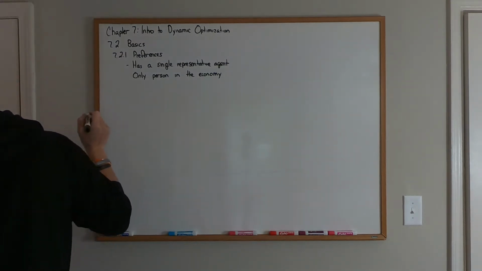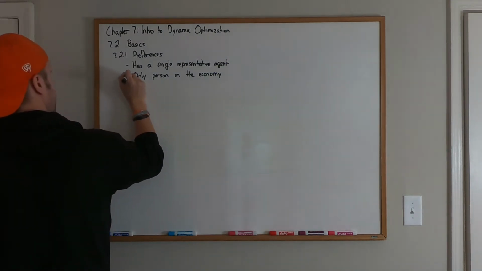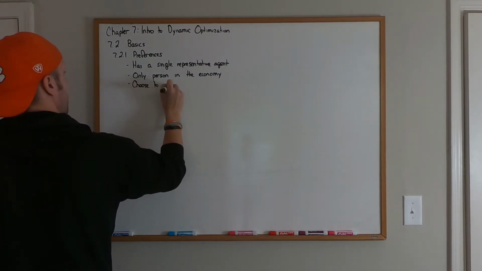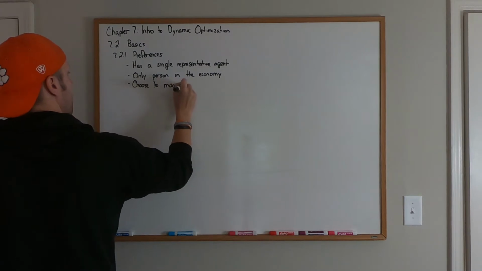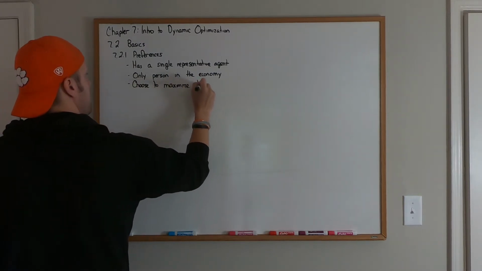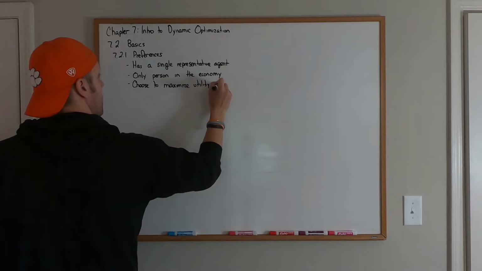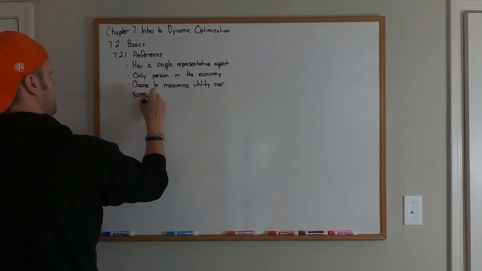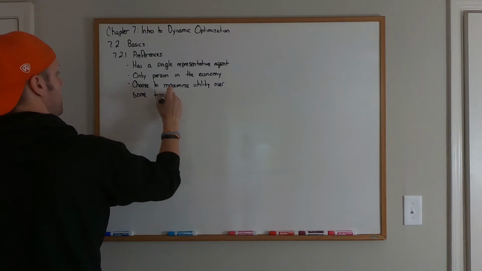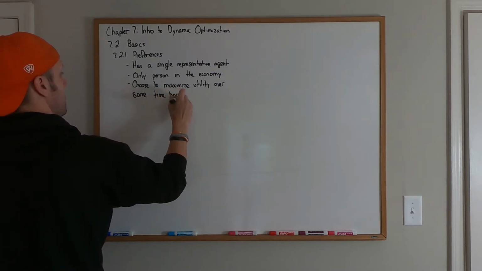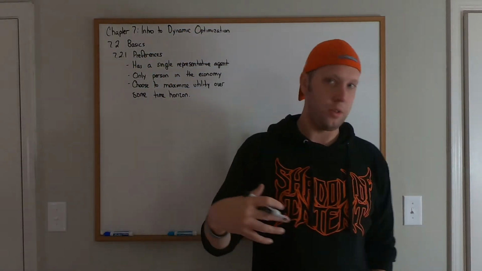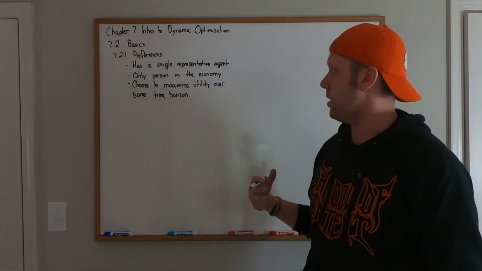Now, this representative agent is, like I said, treated as the only person in the economy. And they choose to maximize their utility over some time horizon. So what this means is they can choose to maximize their utility just for today.